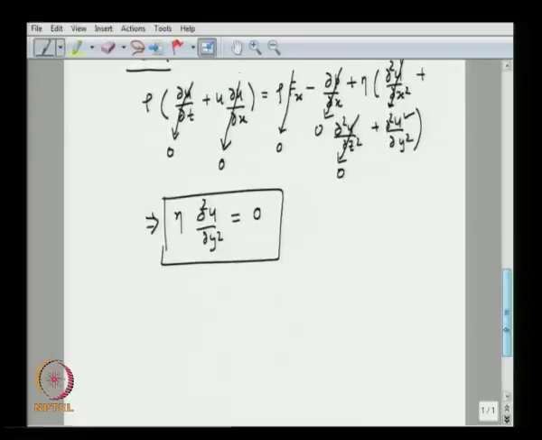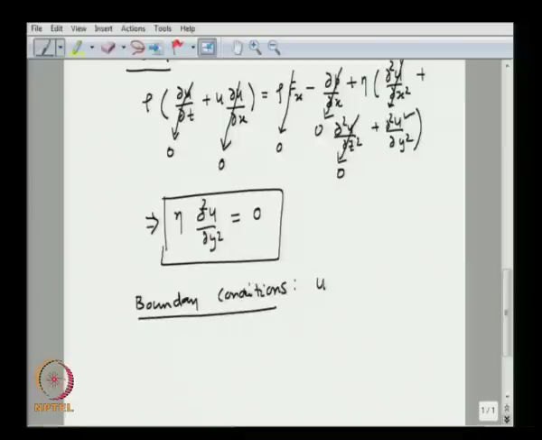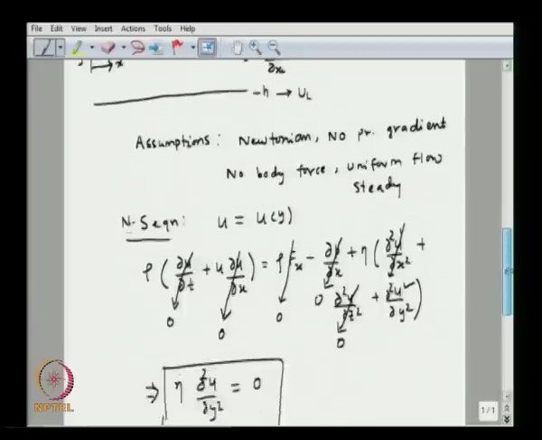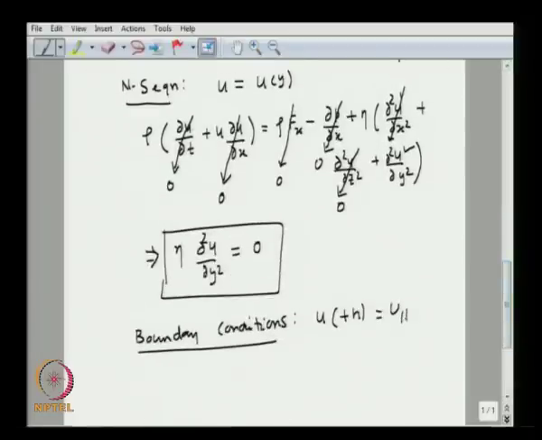So, now if we talk about the boundary conditions, the velocity on the top wall, say plus h, will be uh, okay, and u at minus h will be ul. Okay.